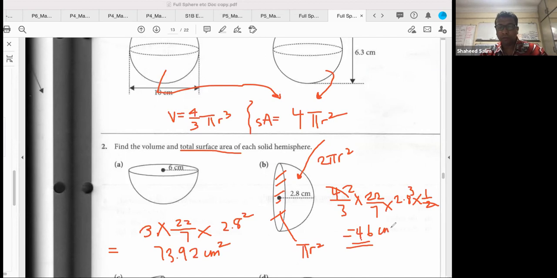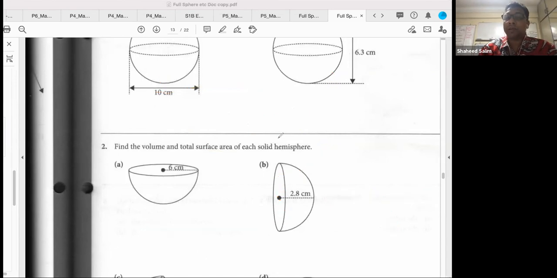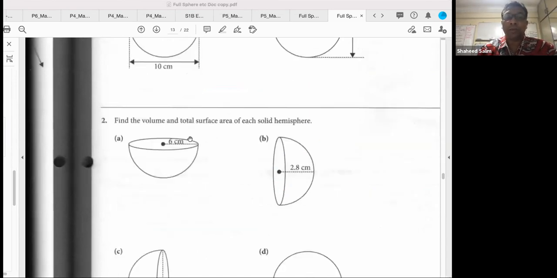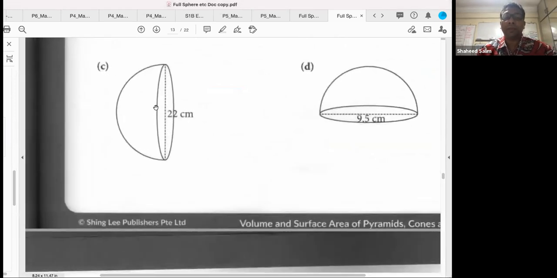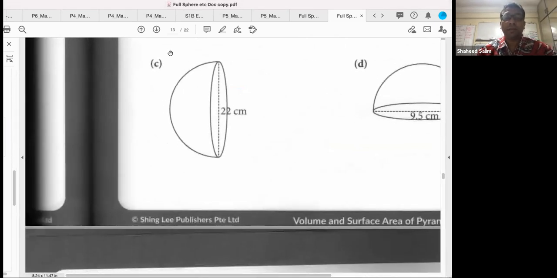Okay, Ryan, you just need to put in the values, but if you don't put it correctly, we move on to the next one. After this, we will go through some revision of maths. Can we try question C, please? See this 22 cm. Please be careful.